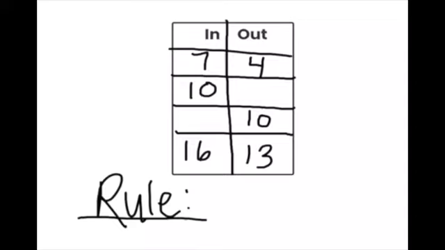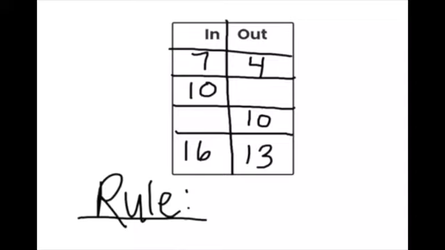So let's look at the first one. We started with 7 in the in box, and when it came out, it's a 4. Think about what happened right there. And then if I go all the way down to that 16 in our input box, I can see that in the output it's 13.